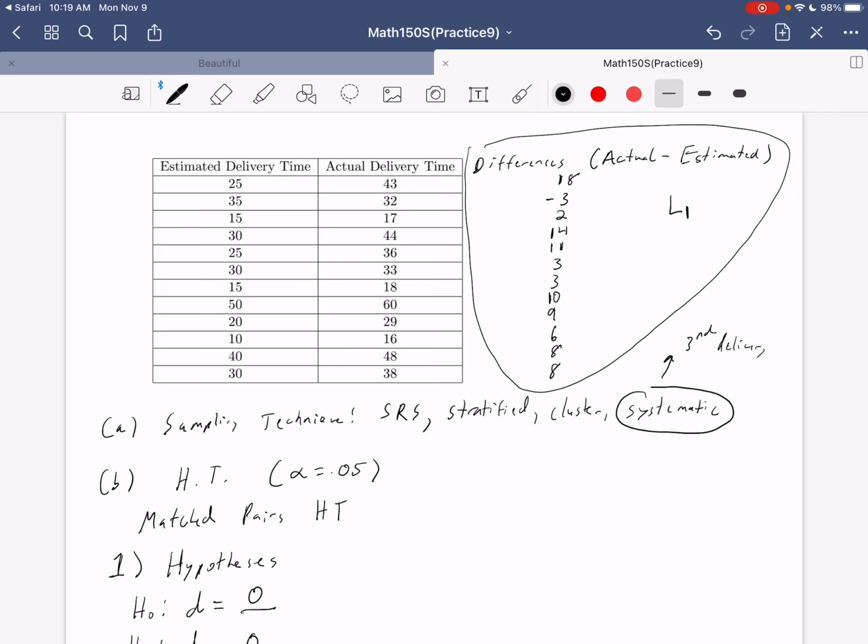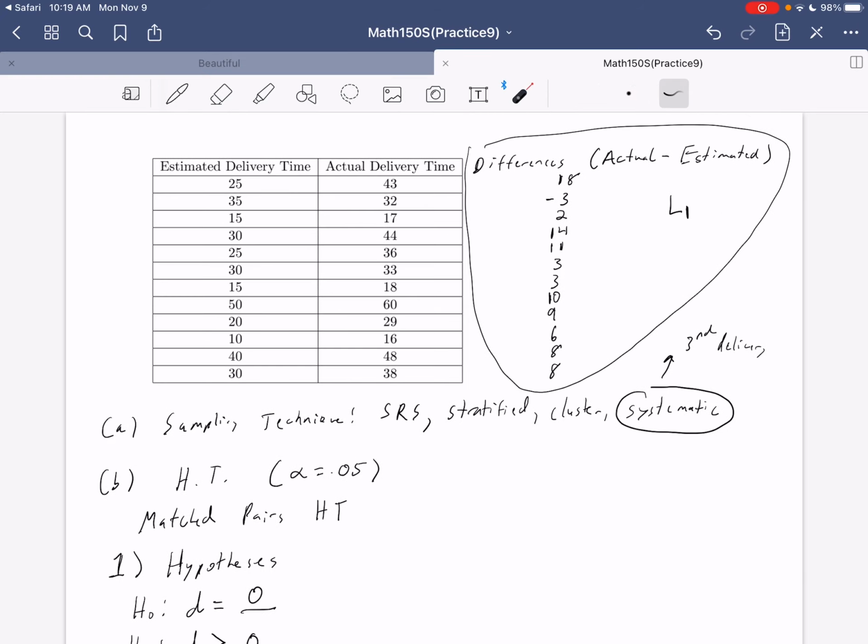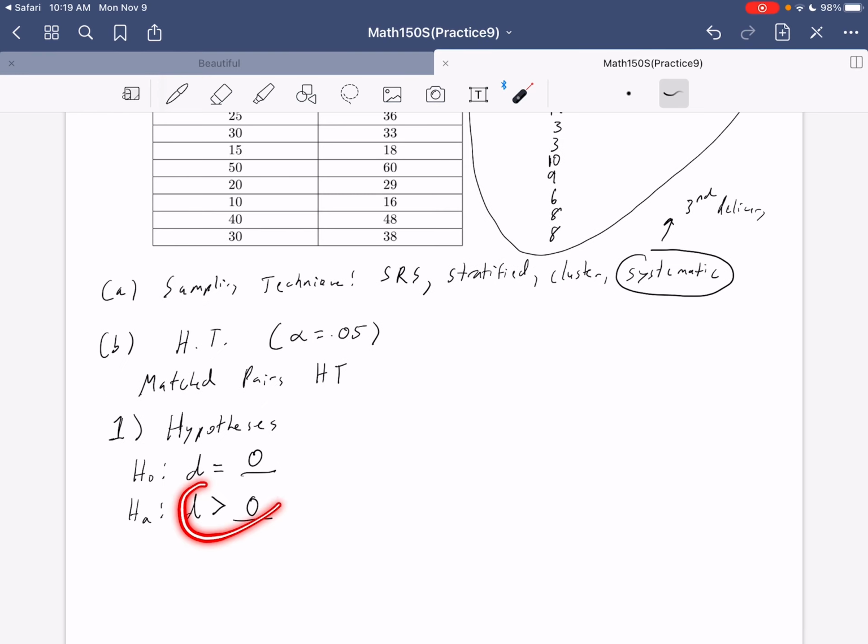So that means here that it should be D greater than 0. A little hint is that oftentimes in matched pairs, if you use the trick of picking the larger set of data and then subtracting the smaller ones, trying to get mostly positive values, then generally speaking the alternate is going to be greater than, because you've chosen to subtract in a particular way so that you're getting those positive larger values.